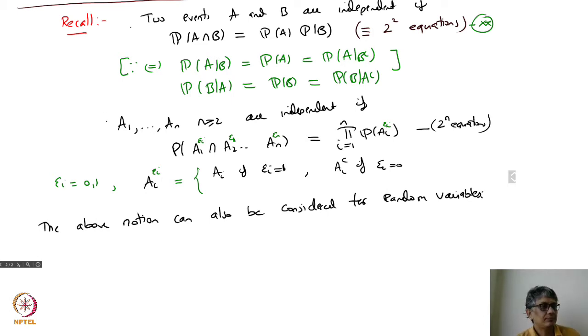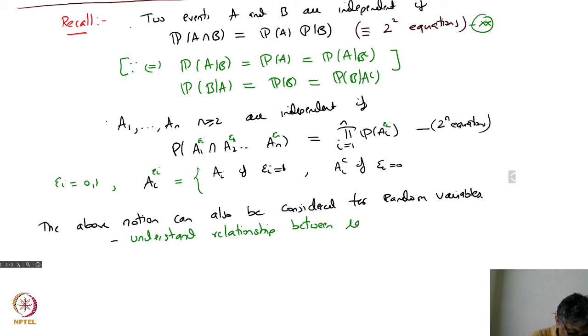You may have several different random variables. This is key to understanding the relationship between random variables.